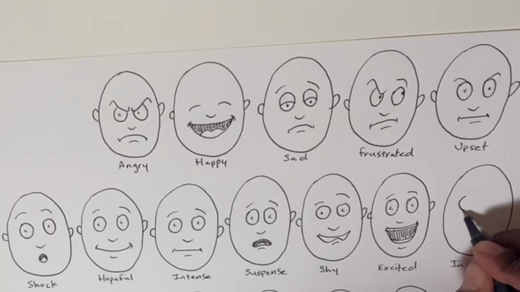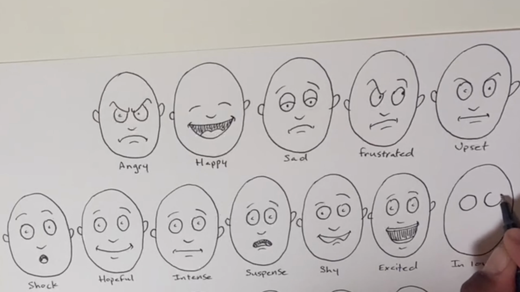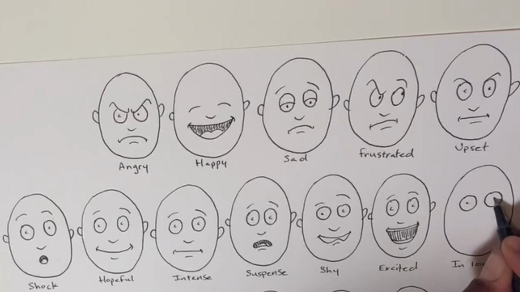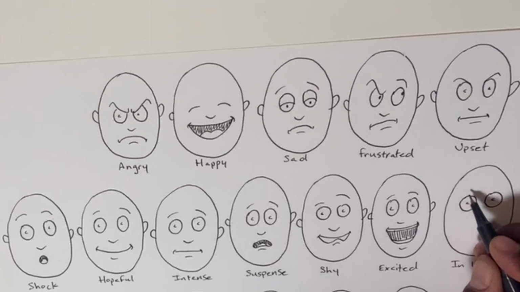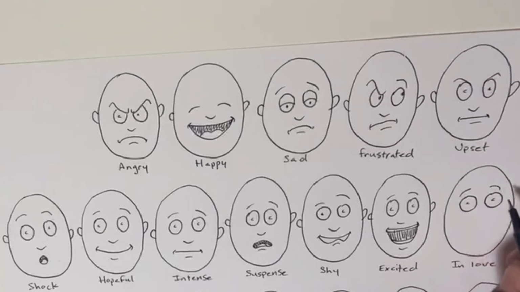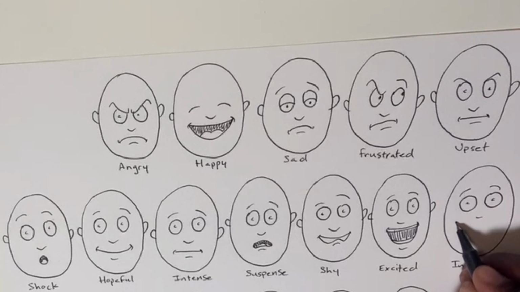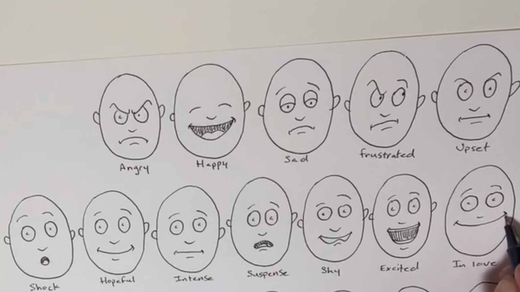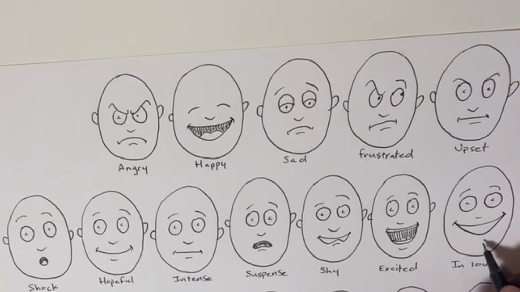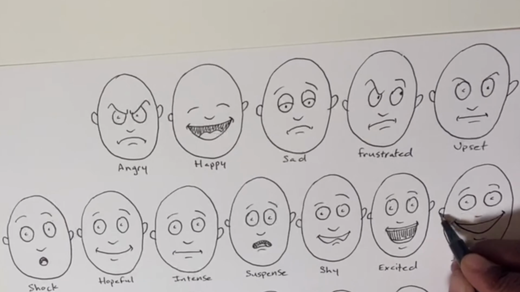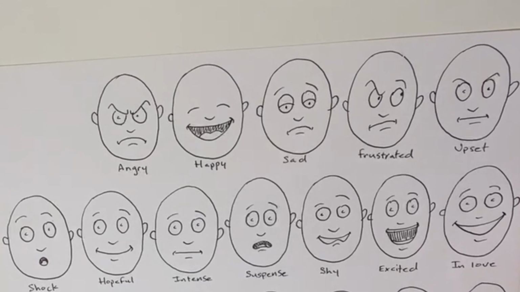And in love. It's very close to excited because when you're in love, you are definitely excited. Eyebrows similar. Let's get more of a gaze and a silly kind of smile there. You just don't know what to do with yourself.